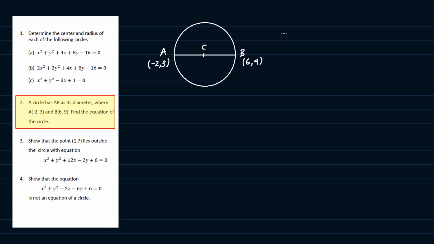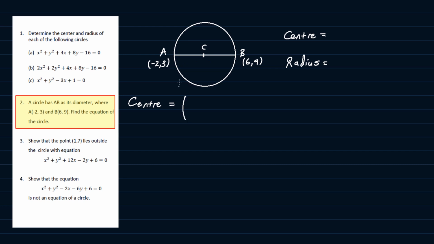We are going to need the coordinates of the center, and we're also going to need the radius of the circle here. If we have the coordinates of the center and the radius of the circle, then we have the equation of the circle. Now, it's not going to be hard for us to find the center of the circle, because the center of the circle happens to be the midpoint of the line AB.